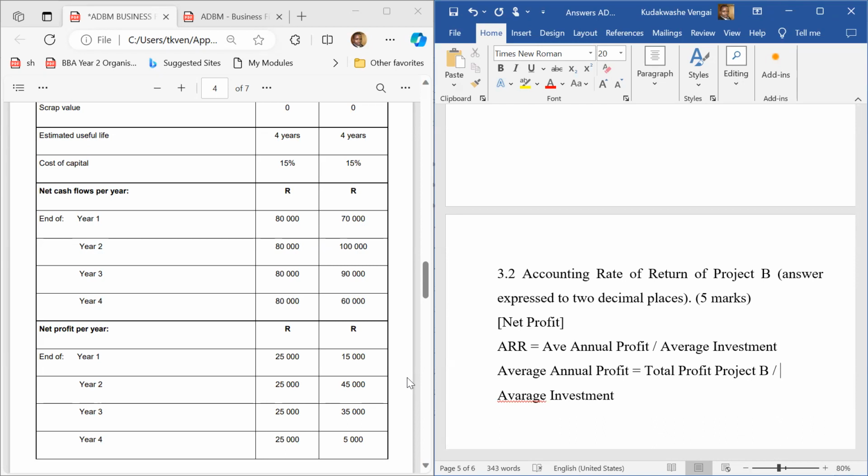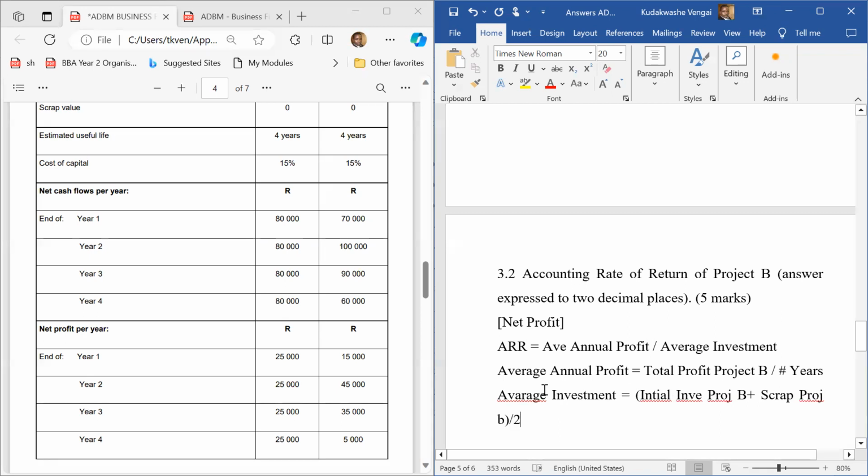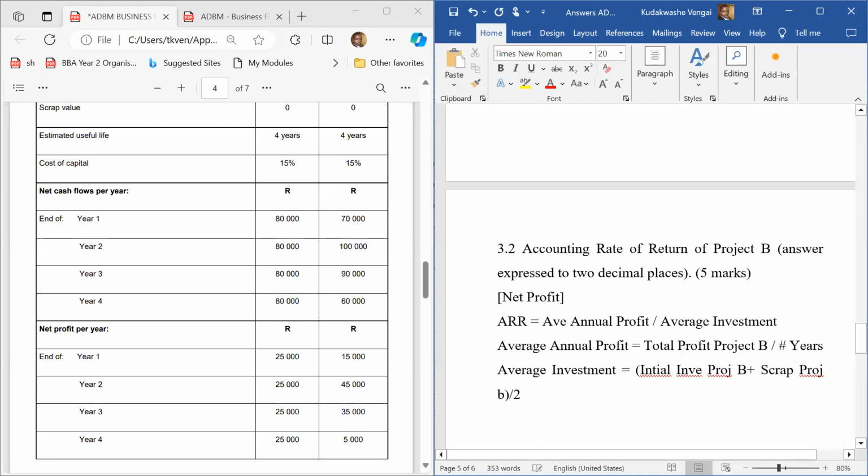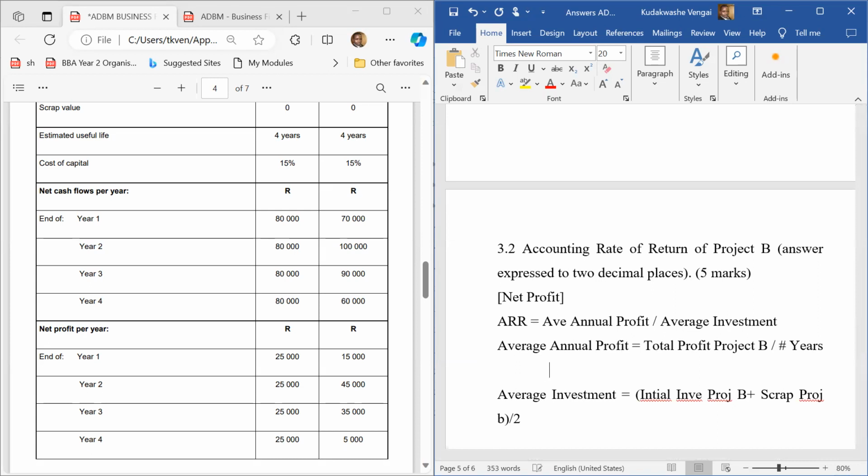And then the average investment is going to be the initial investment for project B plus the scrap value for project B, divided by 2. That's the average investment for project B, right?